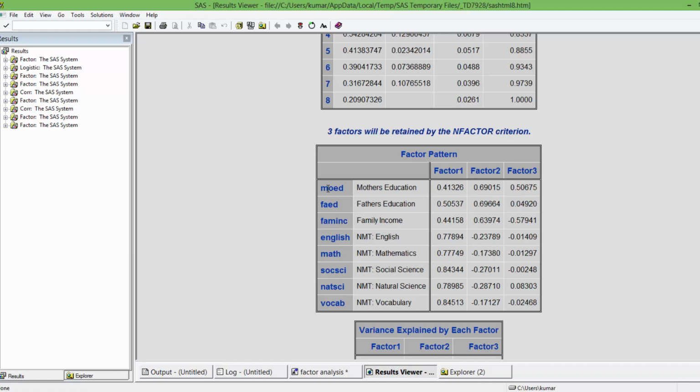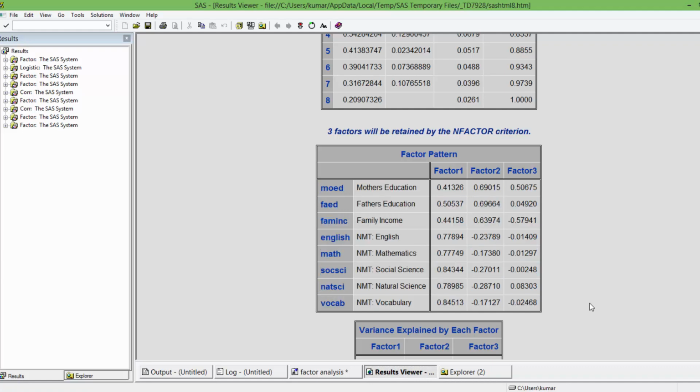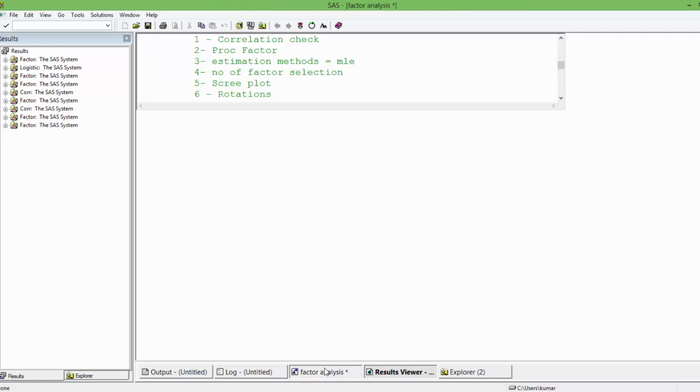Can you see? Yeah, I can't see that anywhere. So factor 3 doesn't add much value to our analysis, right? So we can try it out, we can keep increasing the number of factors and see what is happening. Okay, that is the way we do the analysis.